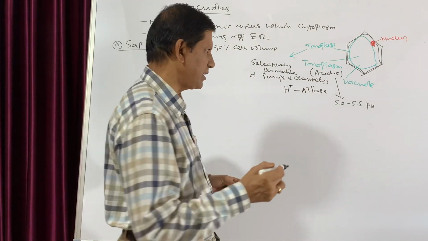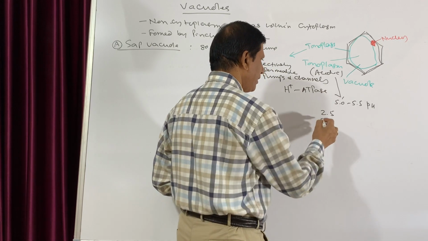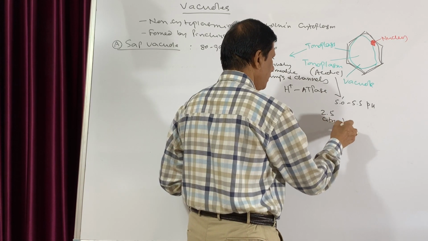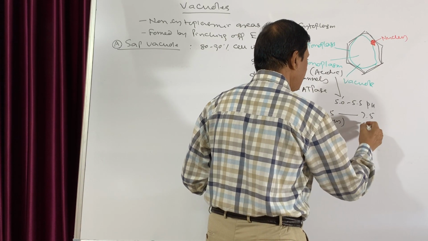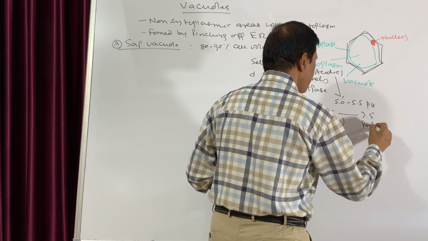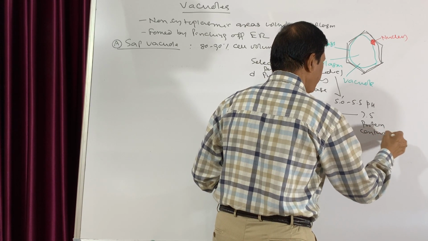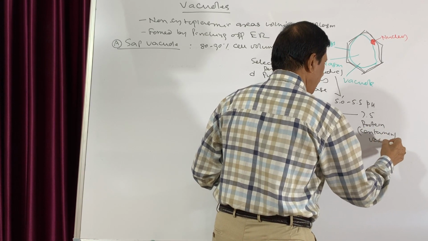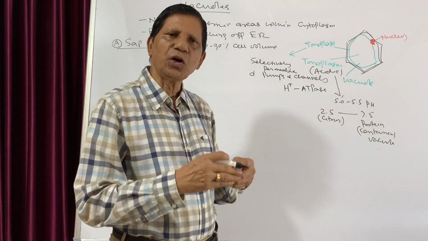Only in some cases does it range from 2.5 in citrus fruits to 7.5 in protein-containing vacuoles. When the pH varies, the color also varies.